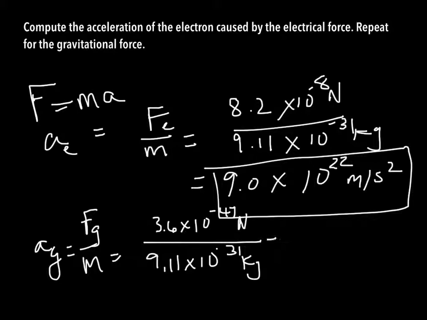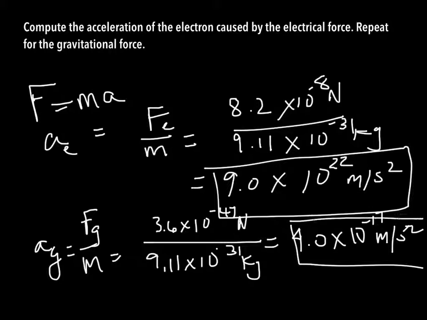And that's going to give us an acceleration of 4.0 times 10 to the minus 17 meters per second squared. So you can see the magnitude of the acceleration is also quite different.